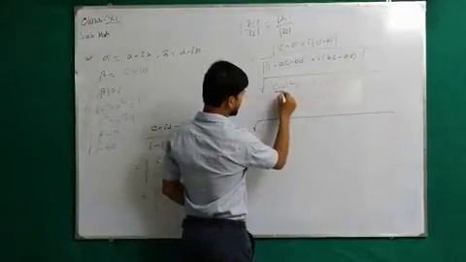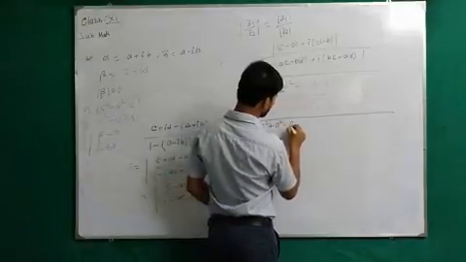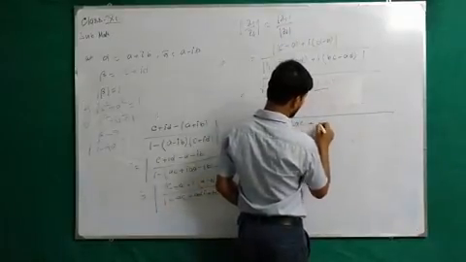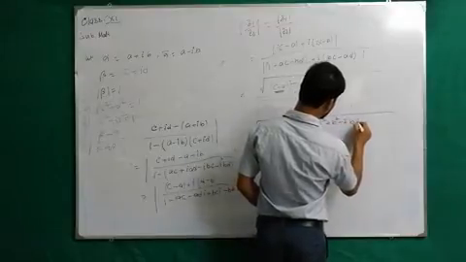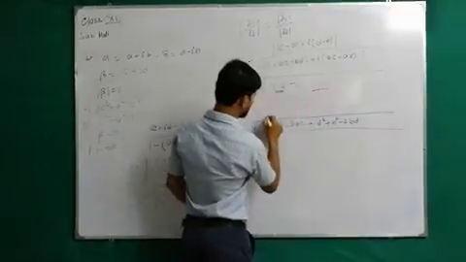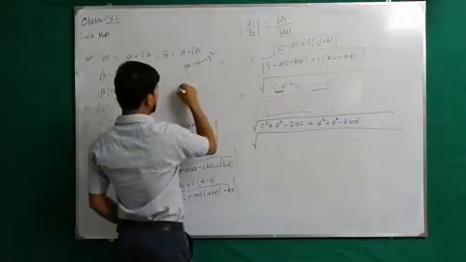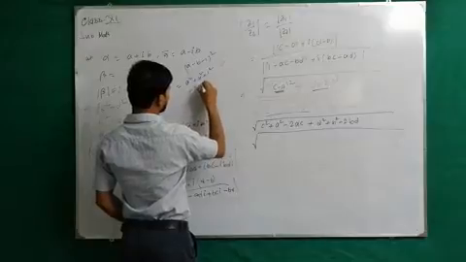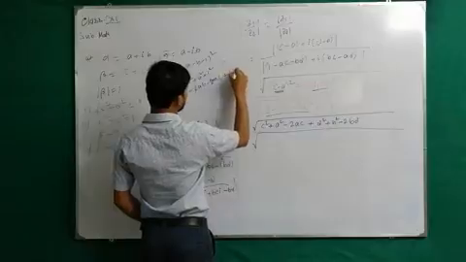Okay, if I expand this expression, it will be C square plus A square minus 2AC, and if I expand this expression, it will be D square plus B square minus 2BD, divided by, expand this expression, that means (A minus B minus C) whole square, that is A square plus B square plus C square minus 2AB minus 2AC plus 2BC.